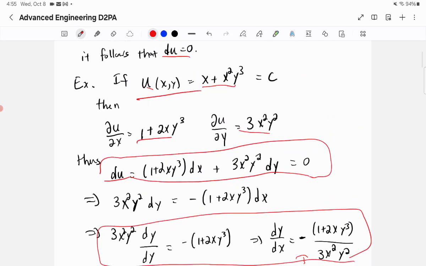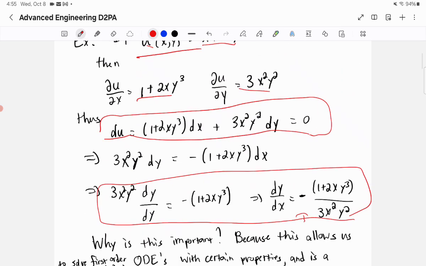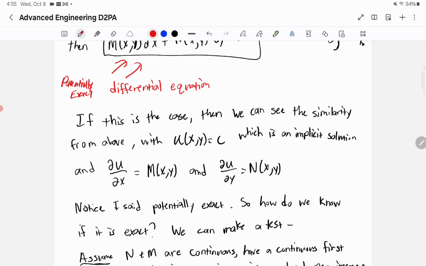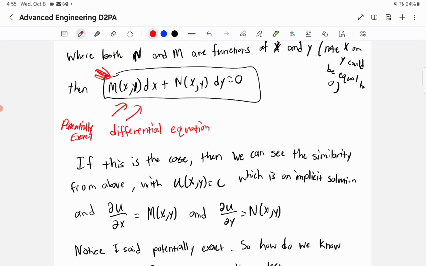Now if I go up here, I can actually see this would have been my function M, and of course it's a multivariate function of both x and y. This would have been my function N in this example. So we write it in this way, and how do we tell if it's an exact differential equation?